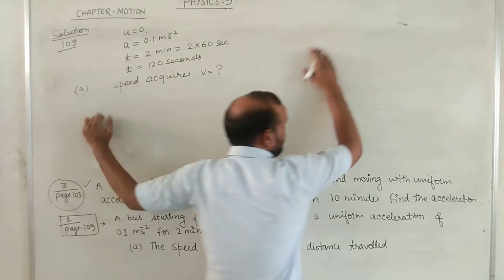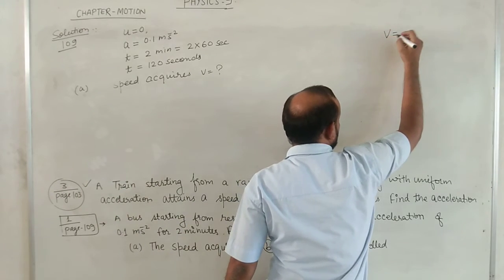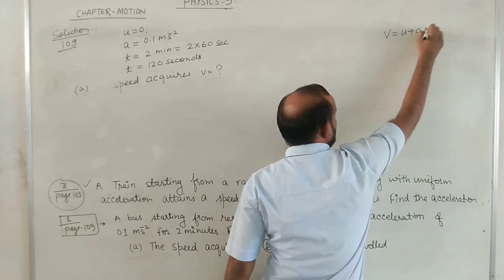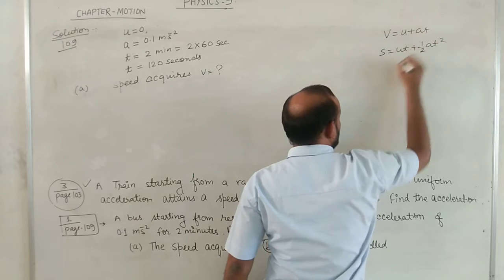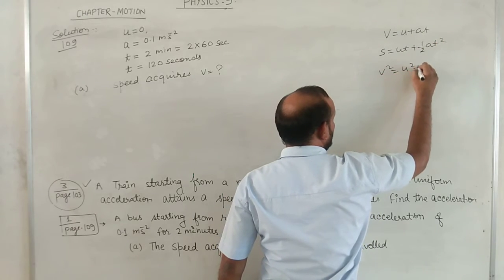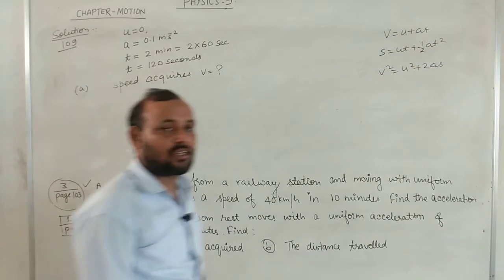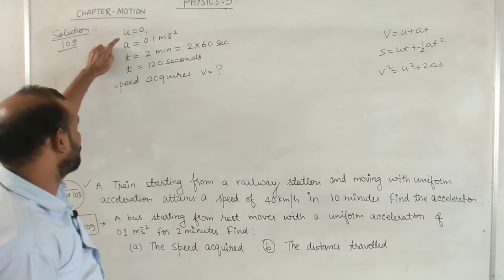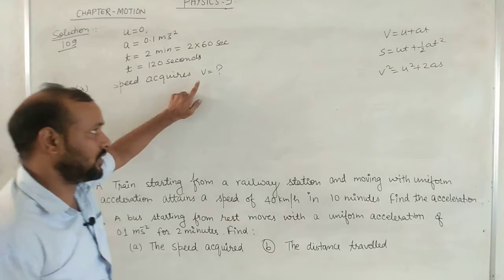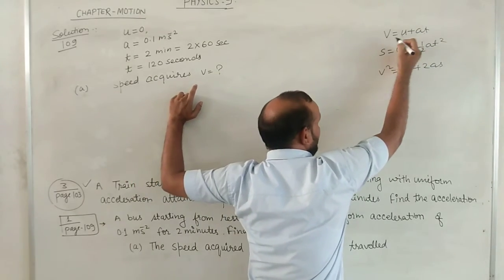We have three equations of motion. First equation of motion: v is equal to u plus at. Second one: s is equal to ut plus half at square. And third one: v square is equal to u square plus 2as. Which equation of motion is used here? You have given u, a, t and v is to be found out.